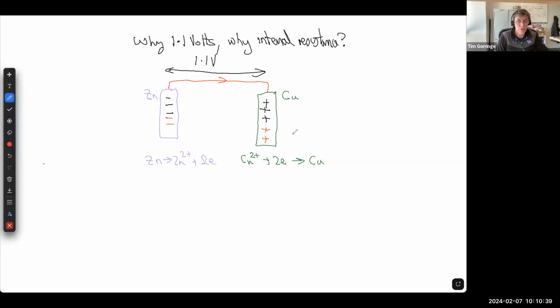So the internal resistance in a battery, in this zinc copper brine battery, is not a resistor, a component inside the battery. It's a model of how, if we try and draw a large current from the battery, the chemical reactions that supply the charge won't keep up.